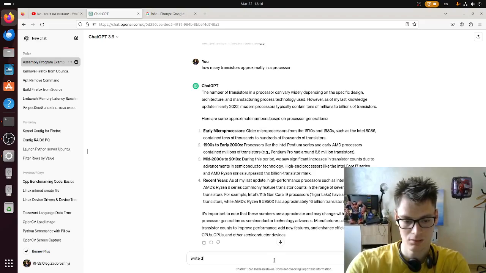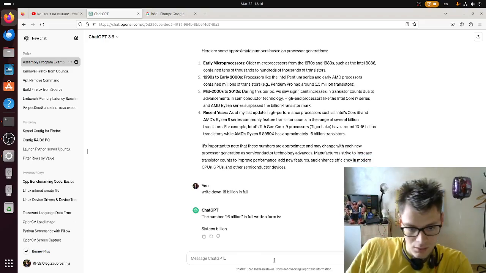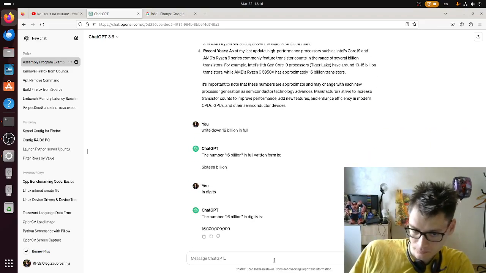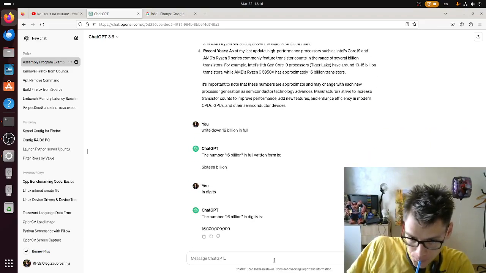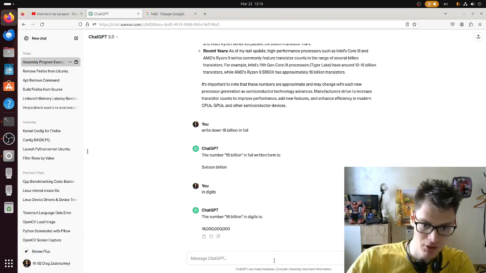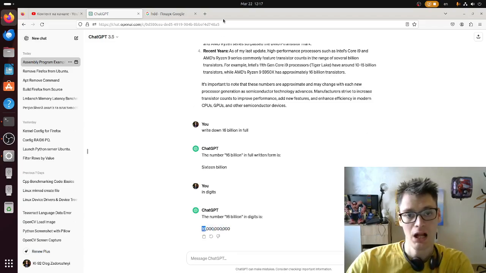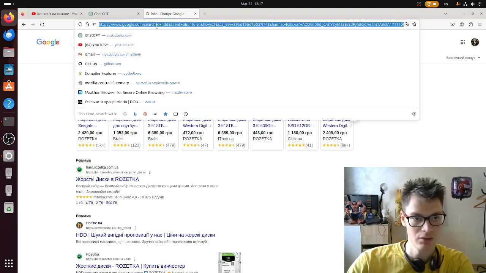Billion, write it down in full, in digits please. So this is the number of transistors. Thousand, million, billion, trillion. It's called billion. Thousands, millions, billions. But what is actually a transistor?